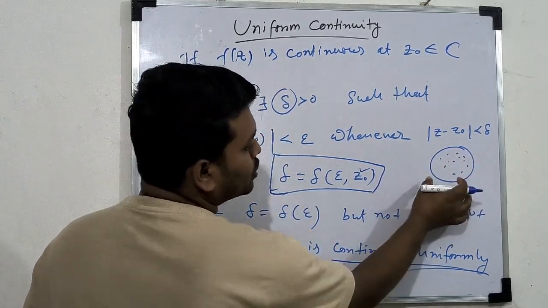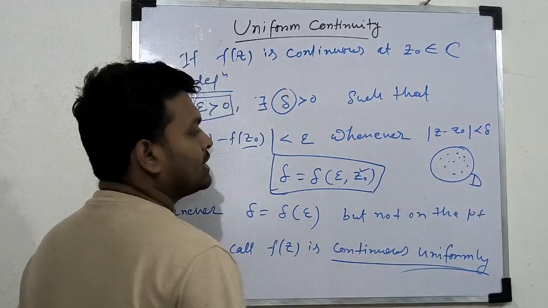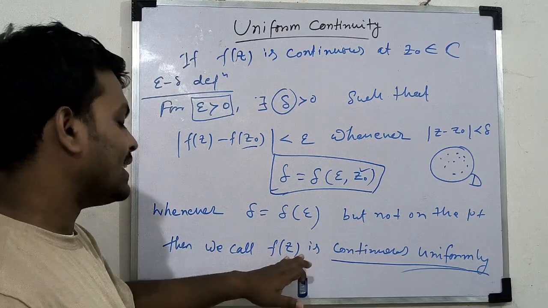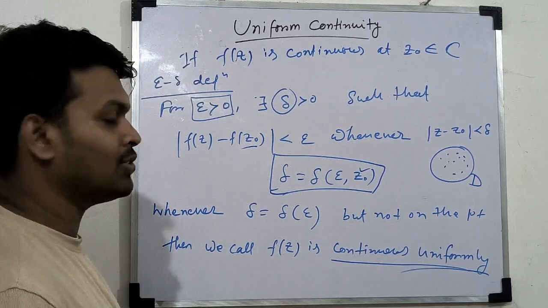So whenever we choose any point from this domain, this function will be continuous. Then we say that this function is uniformly continuous.